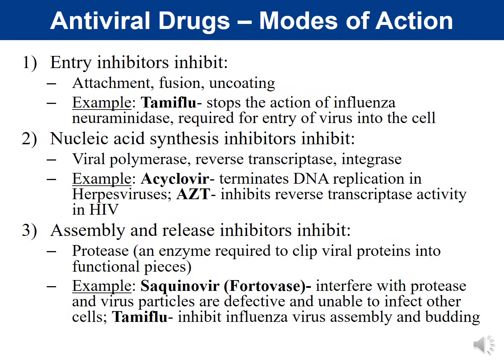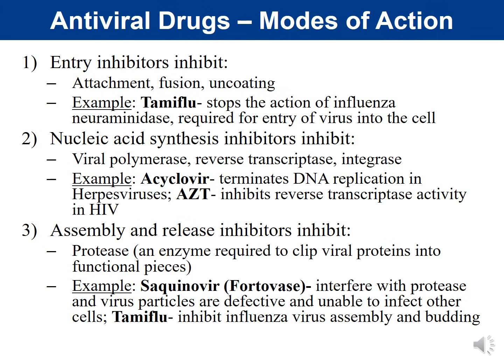And notice that the reason you can't give it too late is because if you wait, then the virus has already entered the cells, and so blocking entry is not going to be effective. However, if Tamiflu is taken early enough during the flu, it can prevent additional cells from being infected by the virus. And so that's the way these entry inhibitors work.